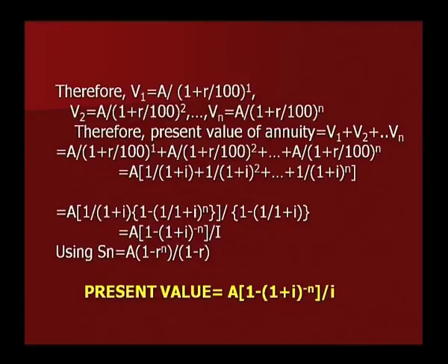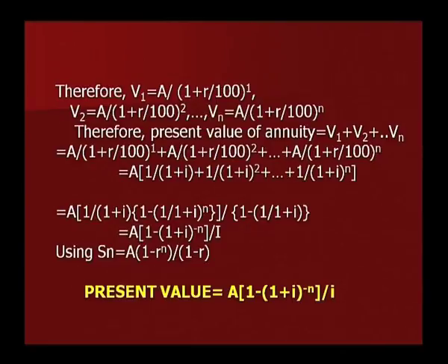Using the formula Sn = a(1 - r^n)/(1 - r), the present value is equal to A multiplied by [1 - (1 + i)^(-n)] divided by i.